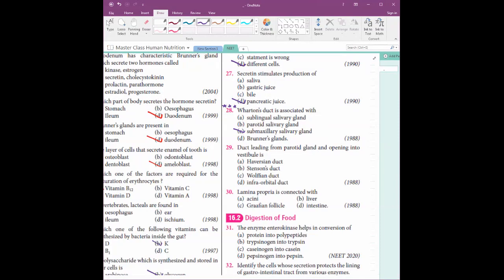Okay, so here what I will say is, there are different ducts that are present. Now, the sublingual gland is going to have the duct of Rivinus. Just keep this in mind, these are certain names given. So this is known as the duct of Rivinus. If we talk about the parotid gland, then we call this the Stenson's duct.